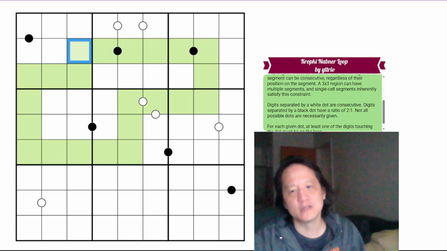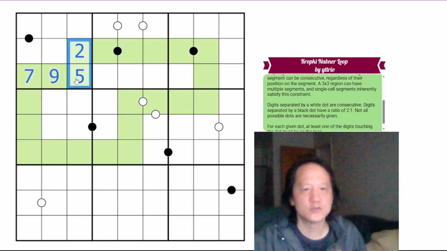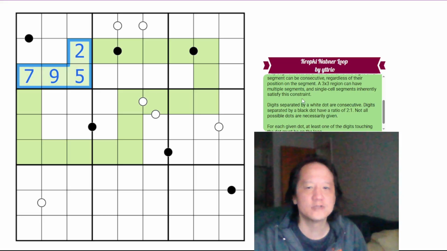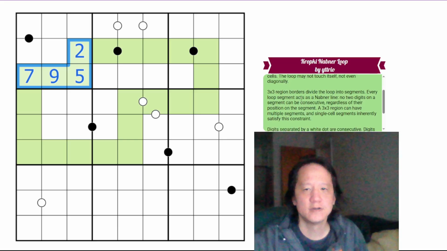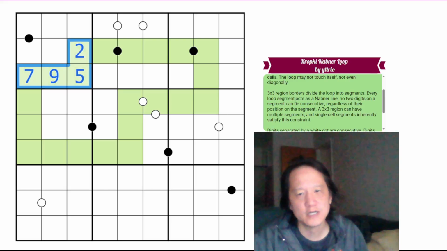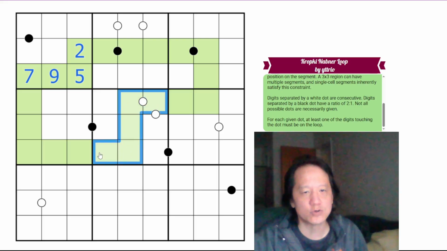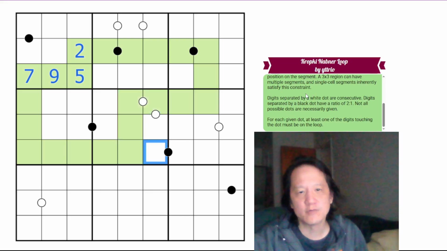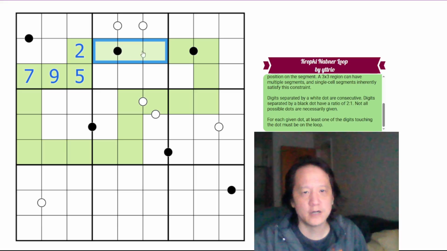So you could have something like, say, 2, 5, 9, and 7. And this would be valid because none of those digits are consecutive with each other. You don't have to worry about no repeats because obviously in a box you can't have repeats. So there's that. If this were, say, consecutive, well, obviously, that would be kind of a problem. But this is an example of how the Nabner line works in each box.